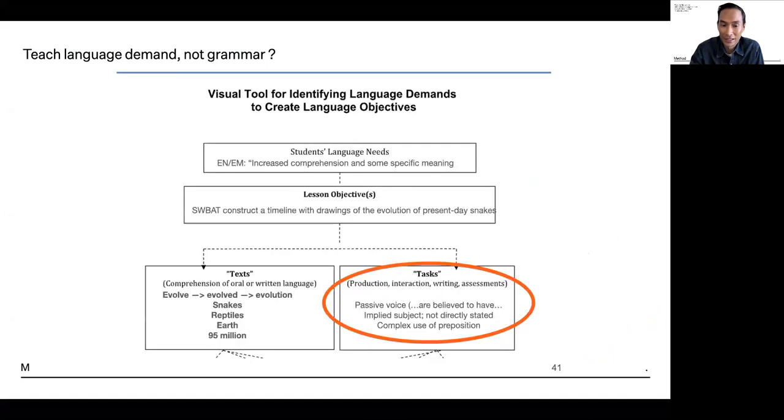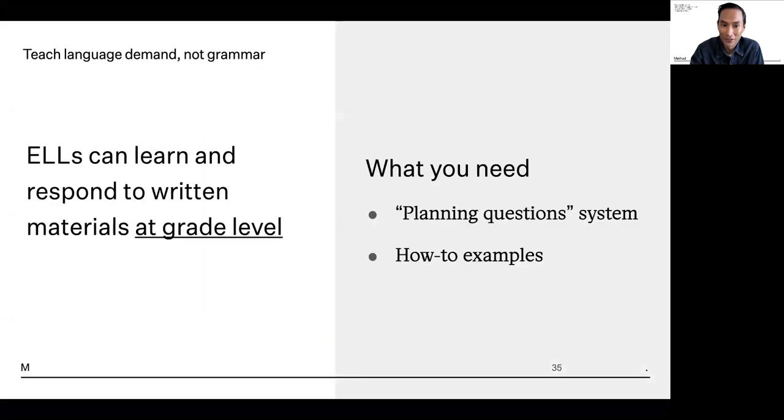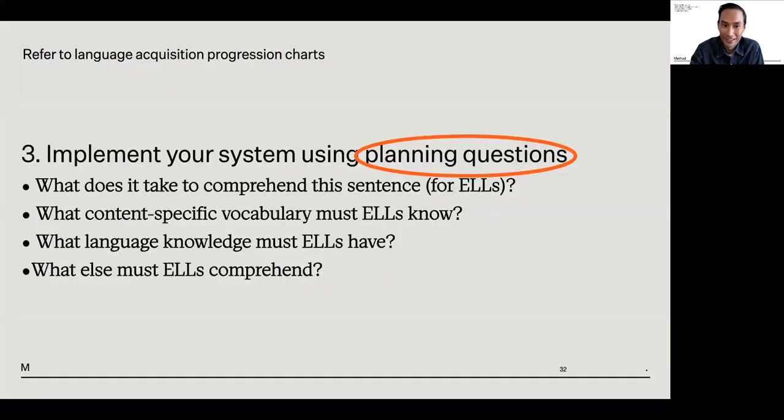These are the questions again. I have to go all the way back. I didn't make a copy of that slide. So these are the questions. What does it take to comprehend this sentence? What vocabulary must they know? What background knowledge must they know? And what else do they know?